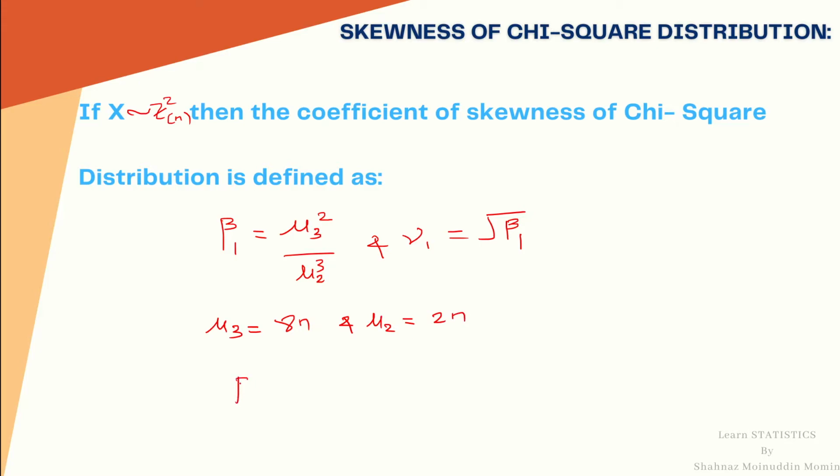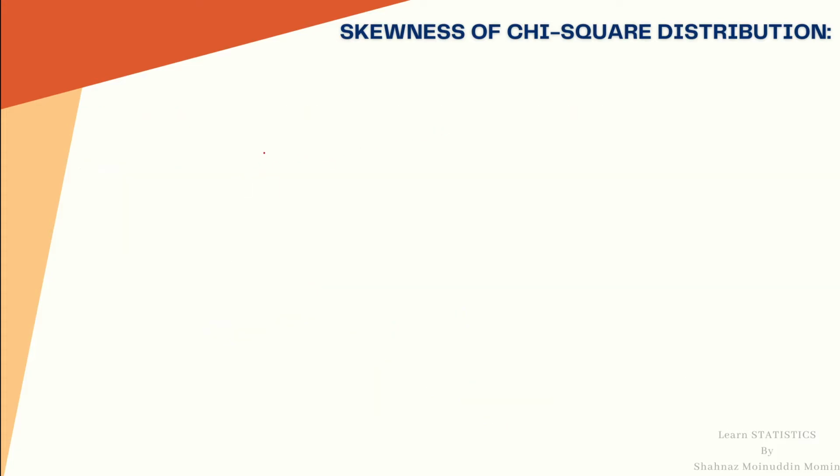Therefore, beta 1, the coefficient of skewness, becomes 8n square divided by 2n cube, which is equal to 64n square divided by 8n cube. Hence, beta 1 is equal to 8 upon n.